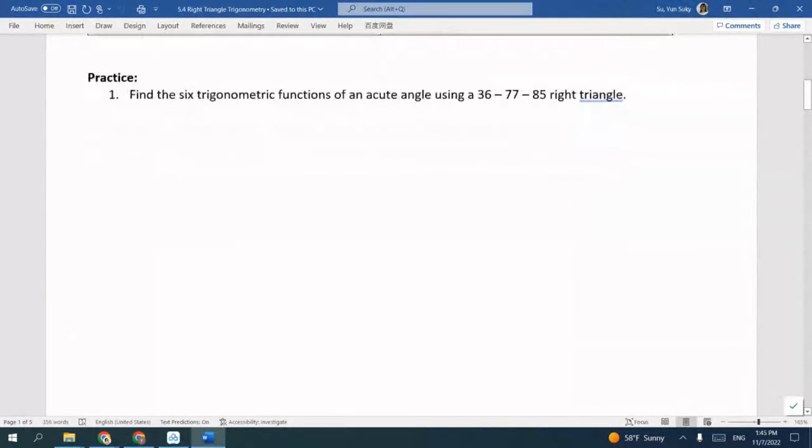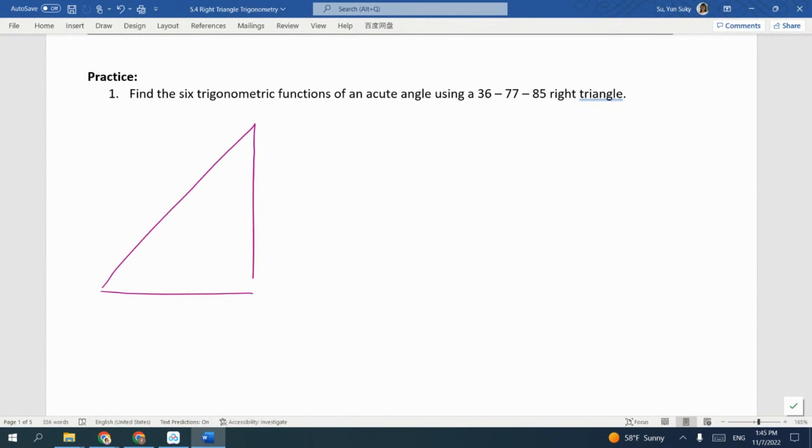Okay, now find the six trig functions of an acute angle using a 36, 77, and 85 right triangle. Let me draw a better picture.